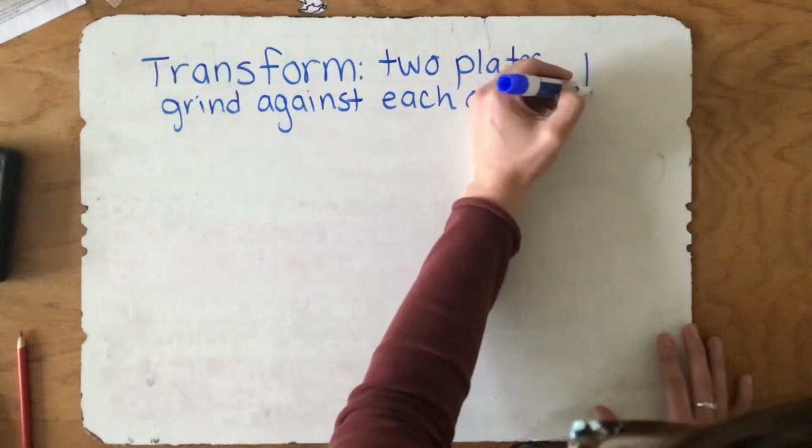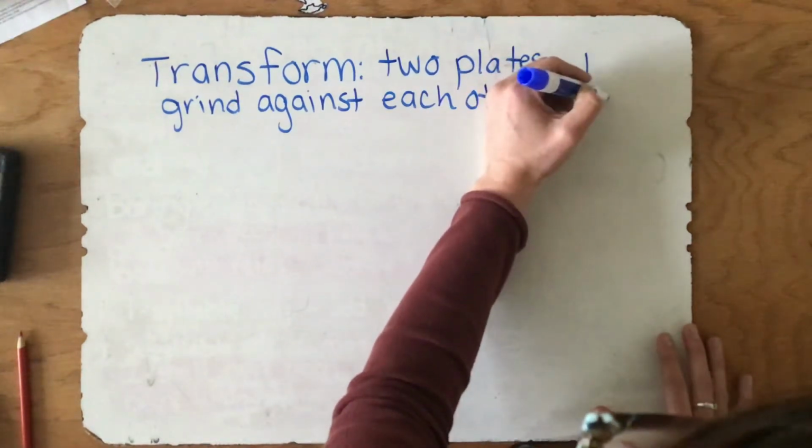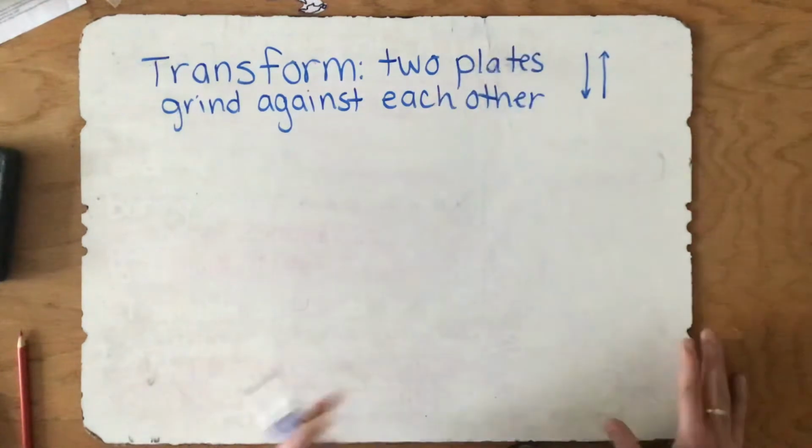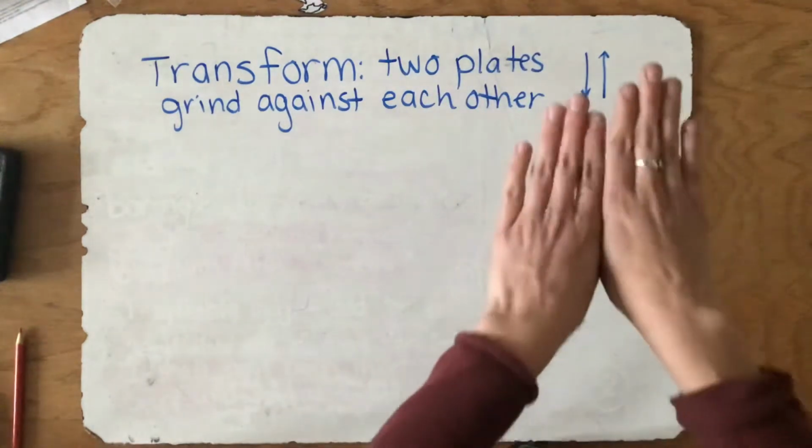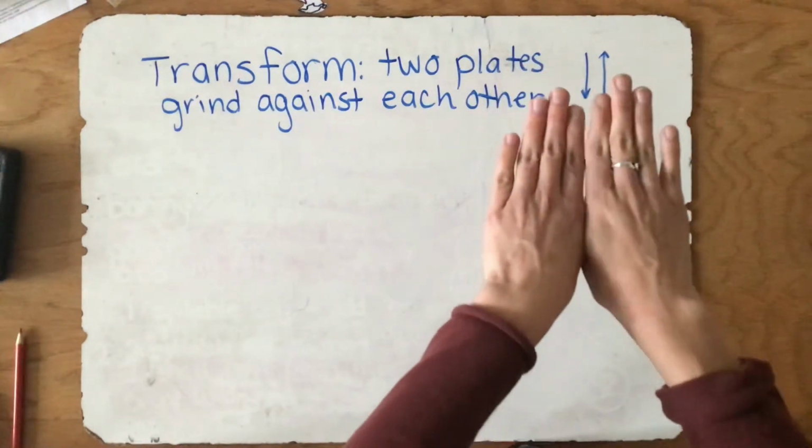And we'll draw a picture diagram. Like here's one plate, here's another. We can always also use our hands. They kind of grind together like this.